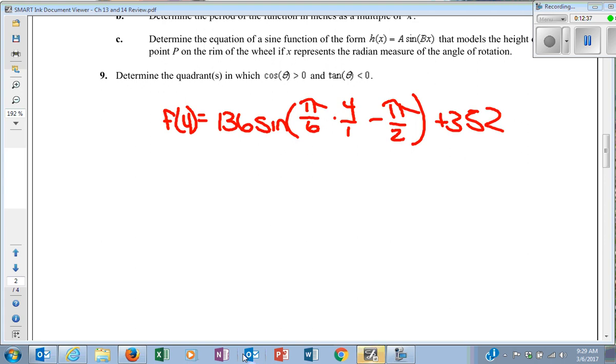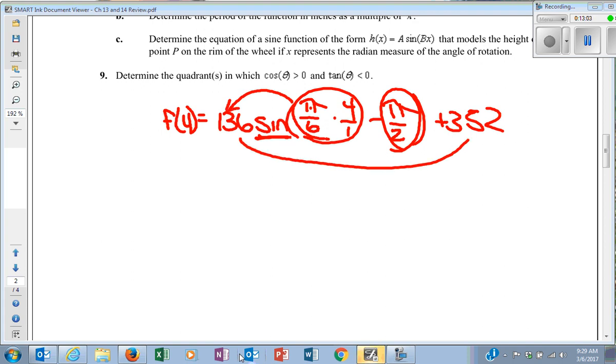So what I would do in my calculator is first take pi over 6, times 4. Then I would subtract pi over 2. Make sure your calculator is in radians, and then hit the sine button. Then I'm going to multiply by 136, and then add 352, and when you do that, you should get f of 4 equals 420.